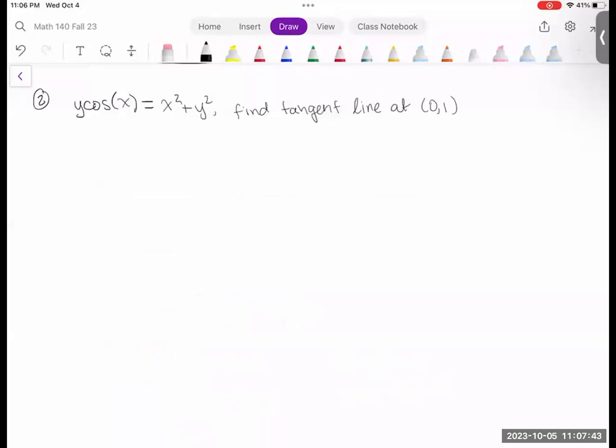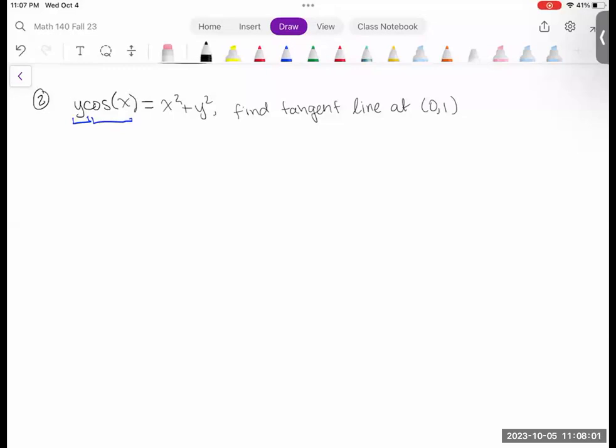We're going to use implicit differentiation here to calculate derivatives. So we're going to differentiate the left-hand side. As we go about this, notice that this is a product, so we're going to be using the product rule.